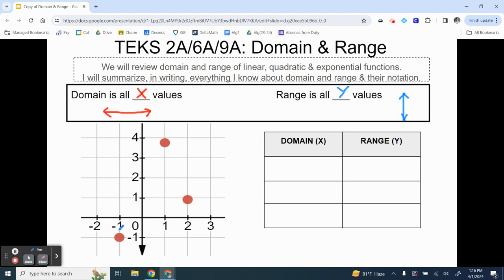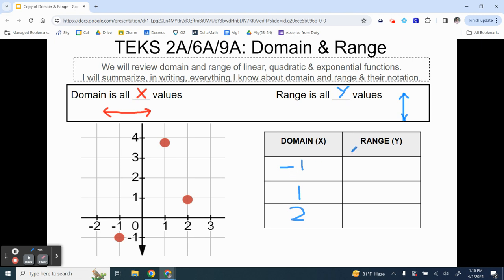Find the x value by going up to the x-axis. I see that x value right there is -1. I go to the next dot. I'm going to go down this time because it's above the x-axis, but I'm still going to the same axis, and I see it's at +1. Last up, my third dot, I see that I have a dot at the x value of 2.